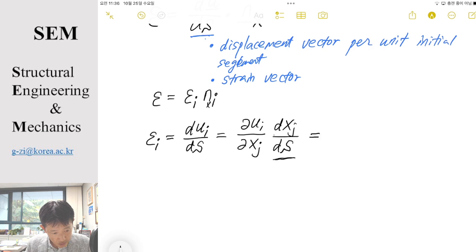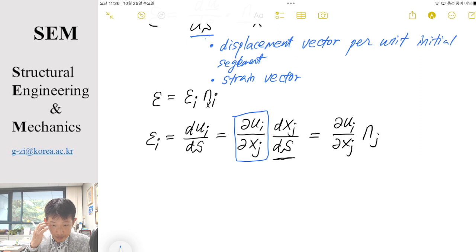So this is equal to dui over dxj and nj, the same as before. So here I'd like to look at this term in detail. This matrix is not symmetric. Okay, the i is from 1 to 3, and the j is from 1 to 3. So this is a 3 by 3 matrix, but this is not symmetric. Any arbitrary matrix can be represented by the sum of a symmetric part and an anti-symmetric part.